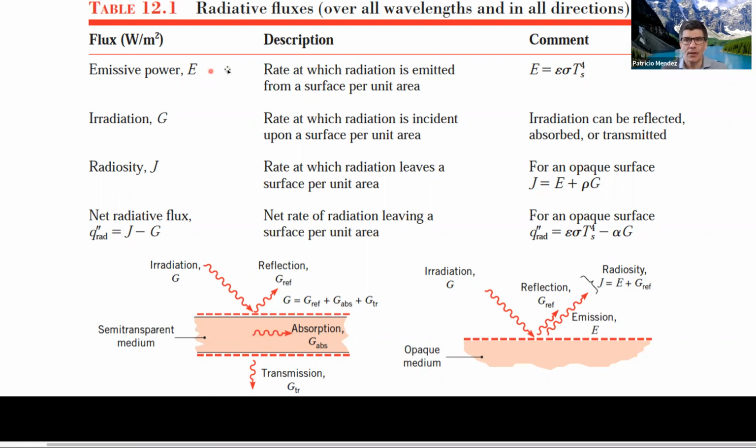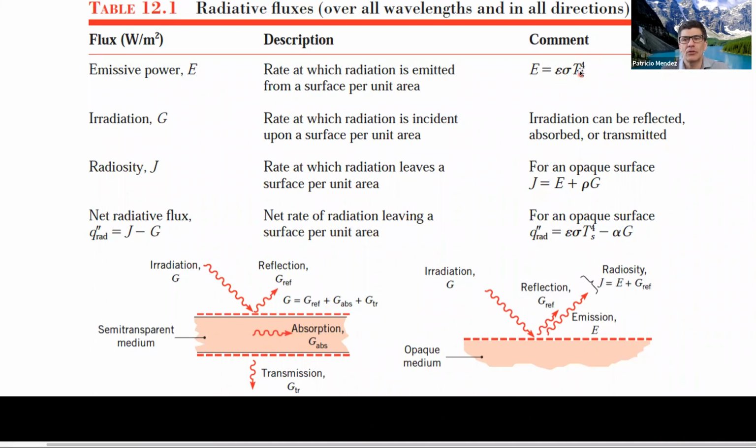And you know that because this is the expression for it. That is epsilon sigma T to the fourth, right? And this epsilon is the emissivity. Something that emits most of its light would be epsilon near 1, and something that emits very little of its energy would be a low value of epsilon, such as 0.1.